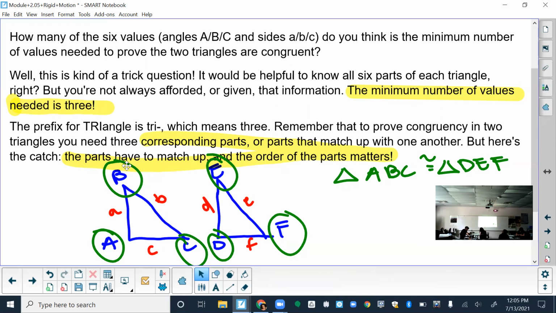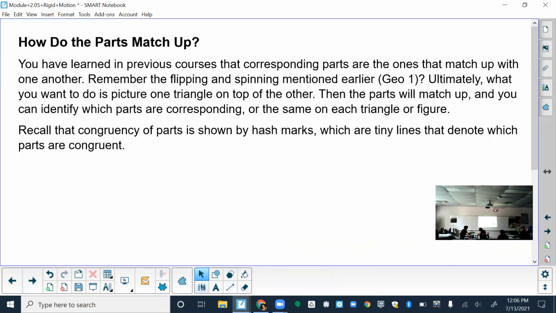So then on the next part, it says how do parts match up? You learned previously that corresponding parts are the ones that match up with one another. So I'm going to switch slides now. I would highlight that corresponding parts are the ones that match up with one another.